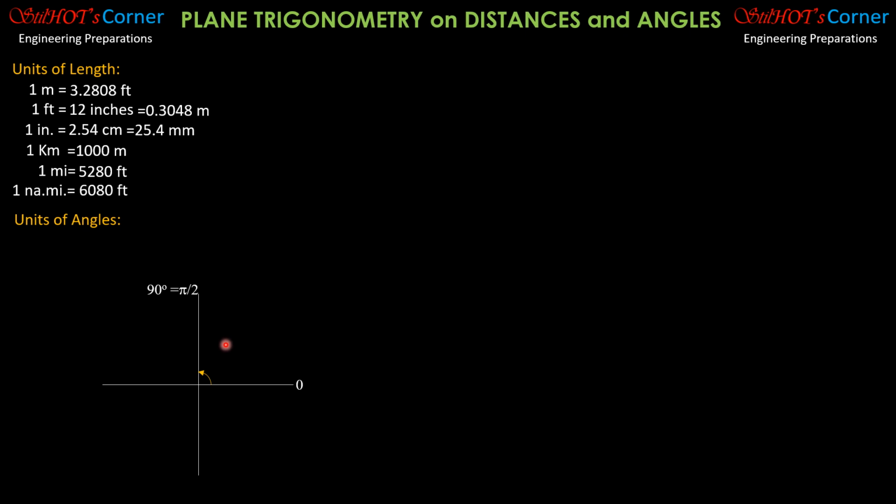That's only an approximate use in military, but nowadays mil is the abbreviation for milliradians, meaning 1 over 1,000 of a radian. And 1 radian is equal to 180 degrees over pi, or 360 degrees over 2 pi radians.